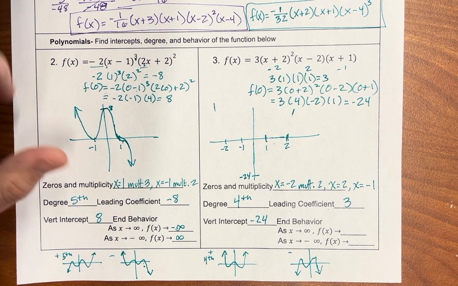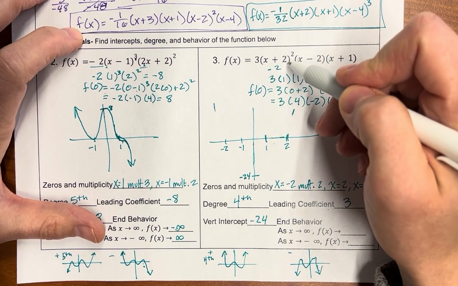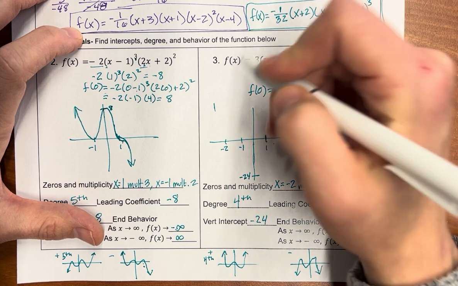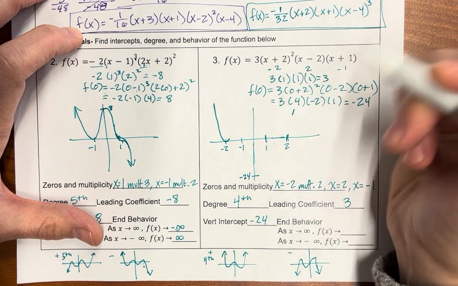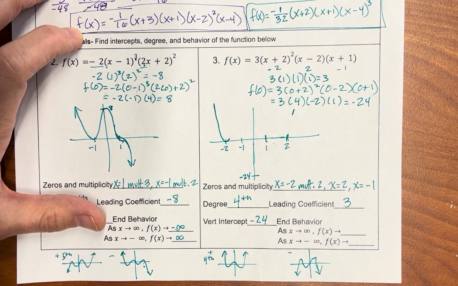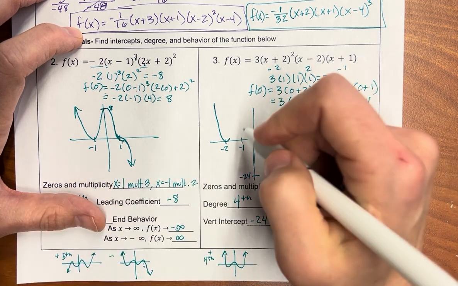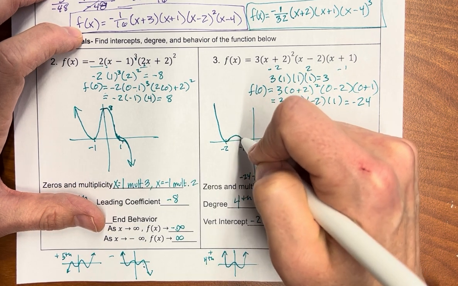And then at -2, it's squared, it has a multiplicity of 2, so it's going to bounce off. So it's going to go up. Then it goes through -1. So basically just going to do this.